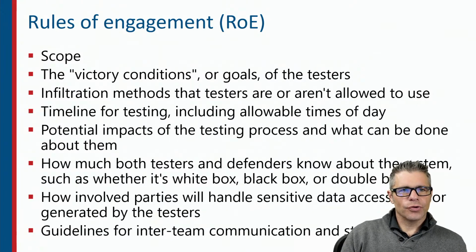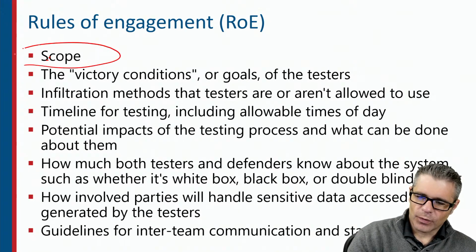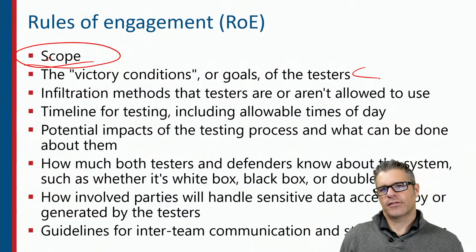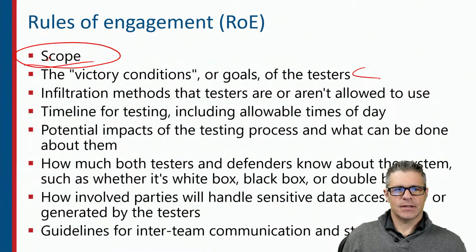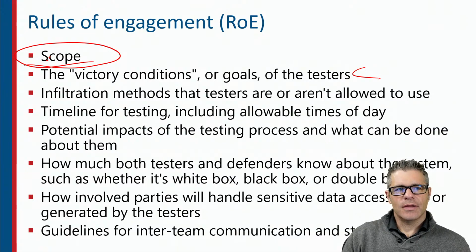So what are the rules of engagement? I guess that's rhetorical. It's going to depend on every different engagement, but they will define what the scope of the engagement is. What is a win for us in this pen test? Does it need to be that we compromise the Active Directory domain controller and have control over the entire network?